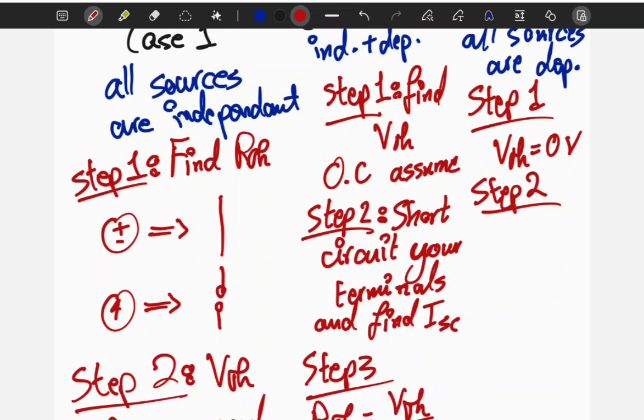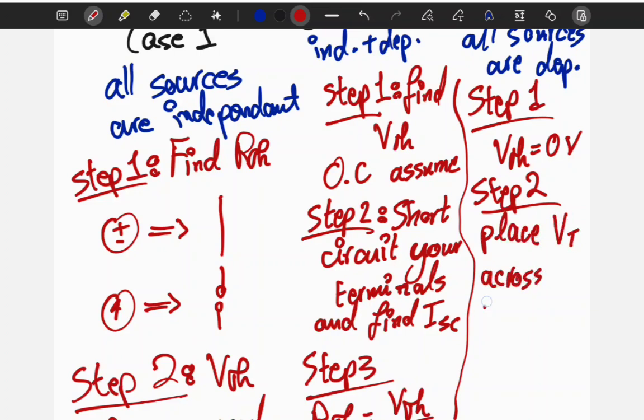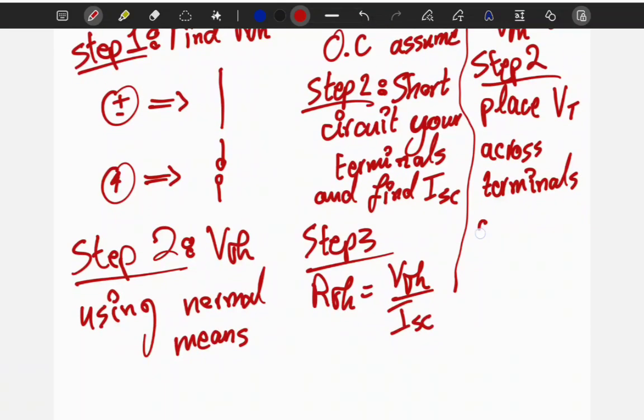Now the name is gonna be strange. What is injection method? Injection method is when we place a voltage source across the terminal of interest, or a current source, really, it doesn't really matter. And if I place a voltage source, I measure the current, right? So in step 2, place Vt, a source, across terminals, and measure It.